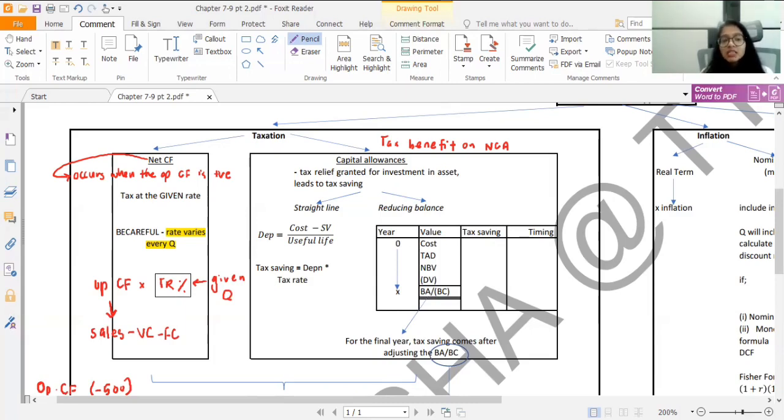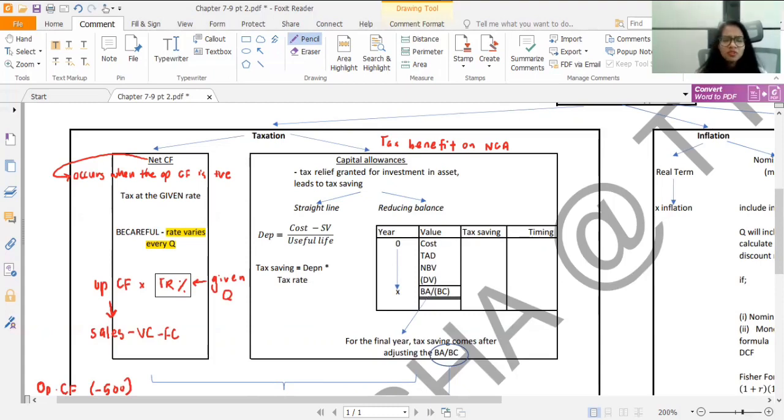Because the higher the productivity and profitability of your company, the higher the tax revenue that you will pay the government. So it's a win-win situation. If you buy assets, you generate more income, you need to pay more revenue. So as a result of that, the government will give you a tax relief for purchasing non-current asset.